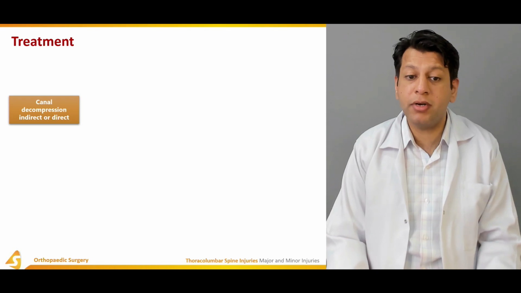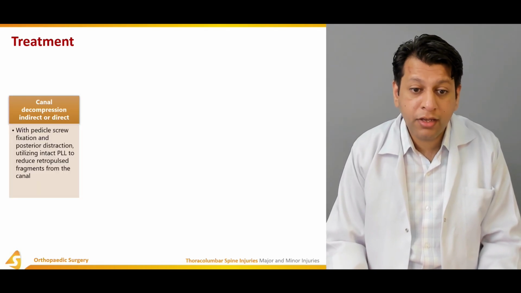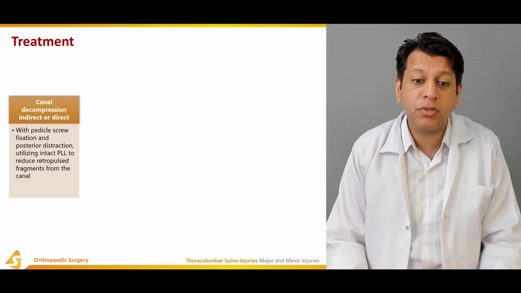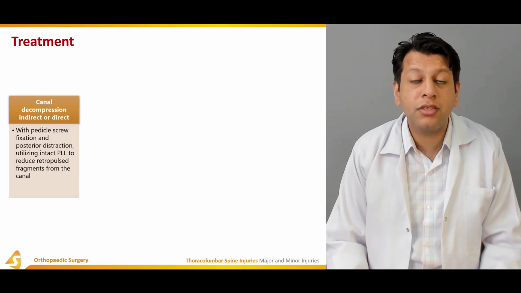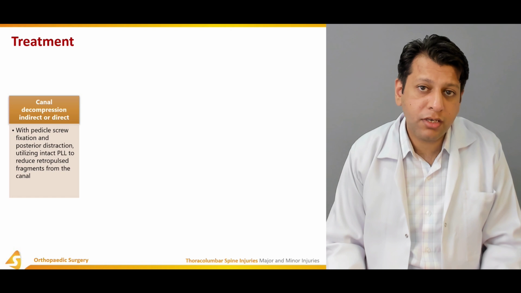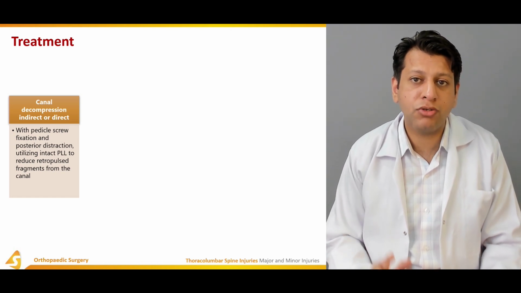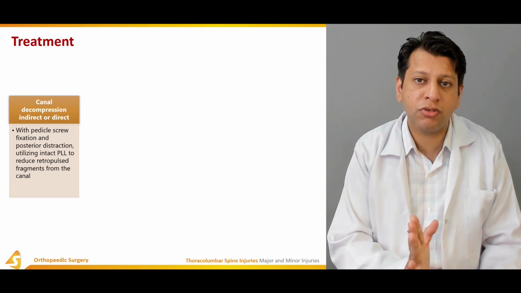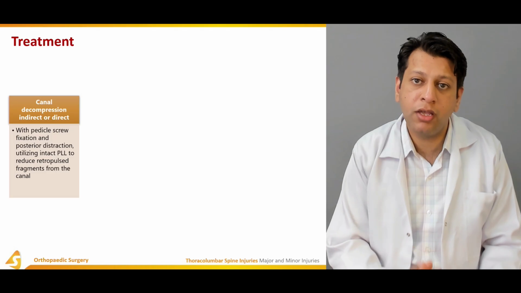Now coming to the treatment, the canal decompression may be required, which could be direct or indirect. Indirect means with pedicle screw fixation and posterior distraction utilizing the intact posterior longitudinal ligament. If the longitudinal ligament is intact, you can distract with the use of pedicle screws, and the longitudinal ligament will push those retropulsed segments from the canal back towards the vertebral body.